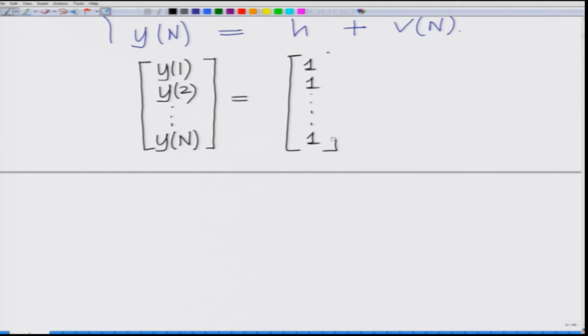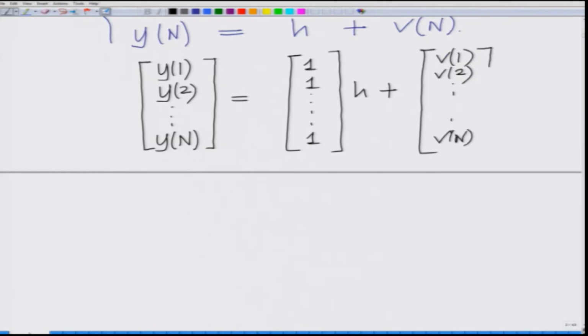This is equal to the vector of all ones times h plus the noise vector v1 through vN. The vectors are N-dimensional, naturally, because you have N sensors and N measurements.